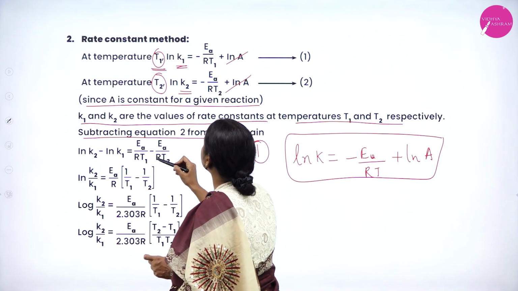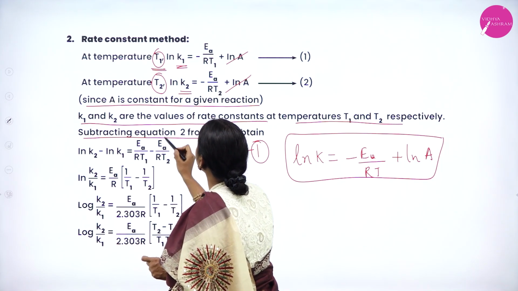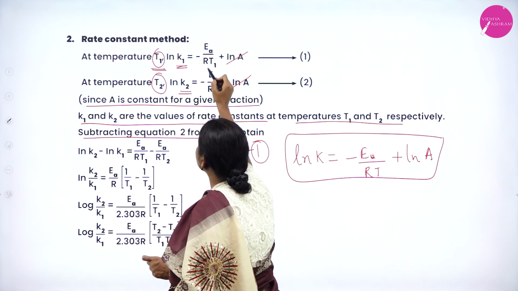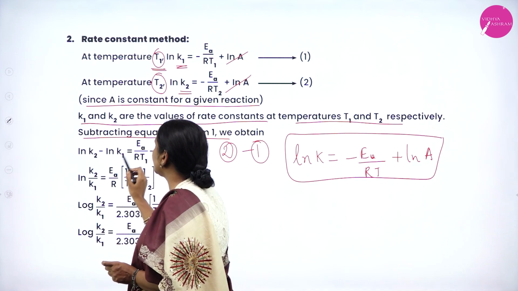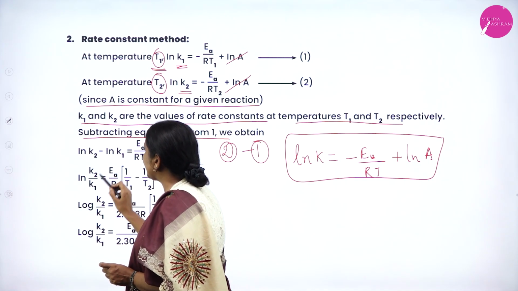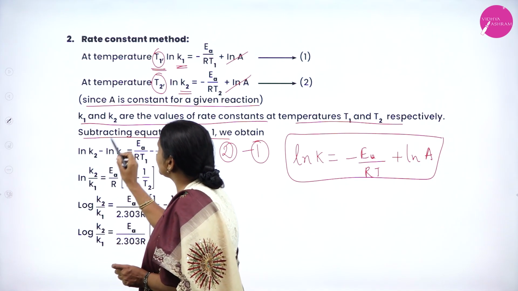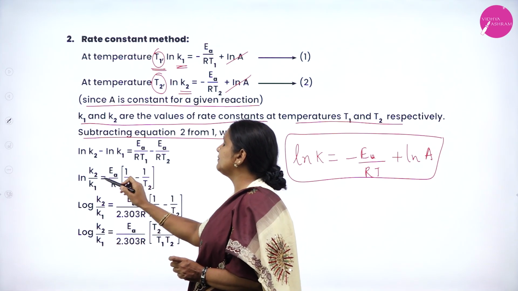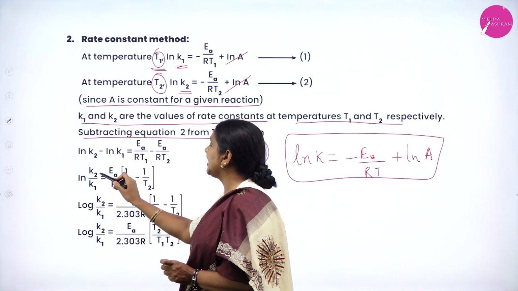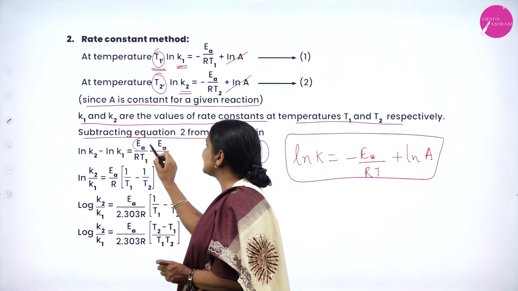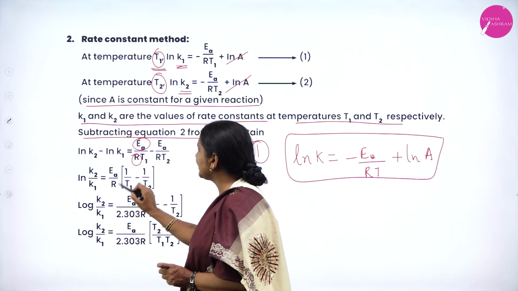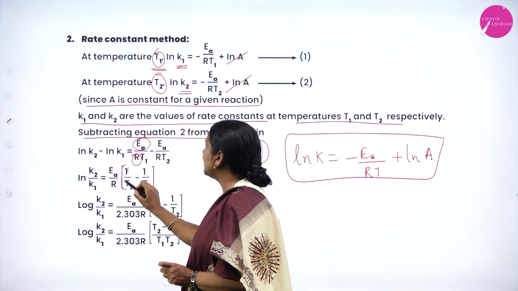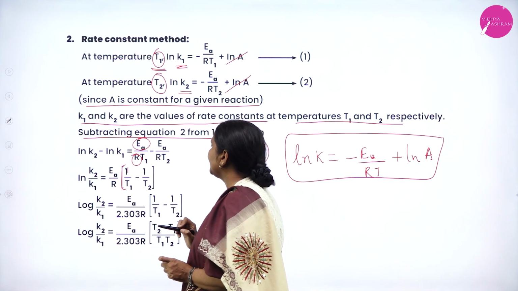So minus Ea/RT2 minus of minus Ea/RT1. You know that ln A minus ln B is nothing but ln A/B. Here also, ln K2 minus ln K1 is nothing but ln K2/K1. I'll take Ea/R as a common factor, and it will become 1/T1 minus 1/T2.